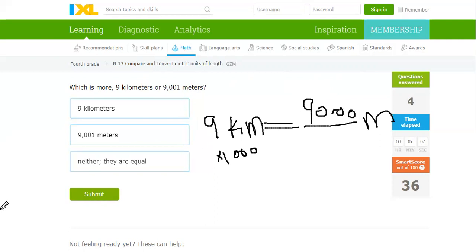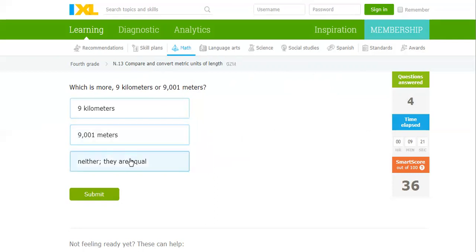So which one is greater, 9 kilometers or 9,001 meters? Exactly, 9,001 meters is greater. Great.